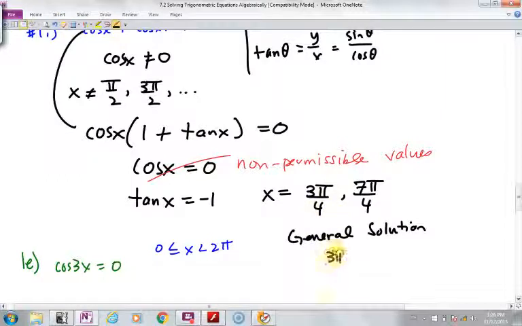Because remember that the way we got the 7 pi by 4 is we added pi to it. So those are already a period apart. I only need the very first period solution, which is that one. Plus, what am I going to add to it? Not 2 pi this time, but pi n. Why just pi n? Period of tan is pi.